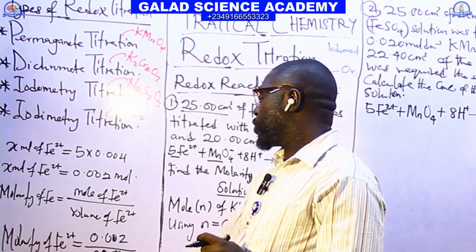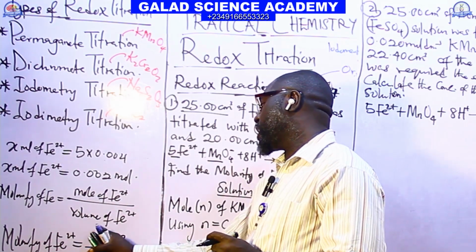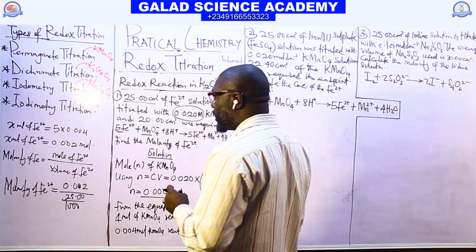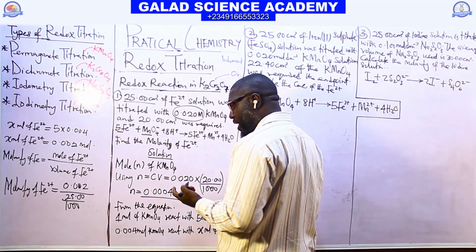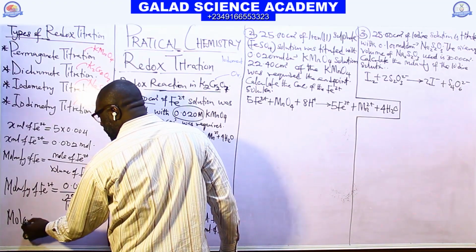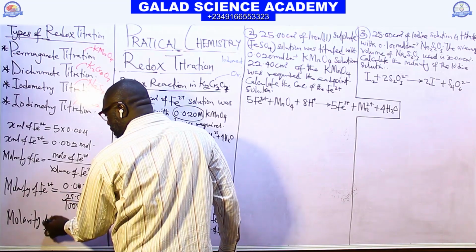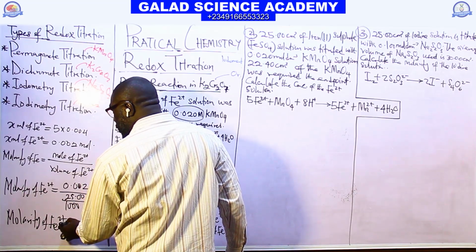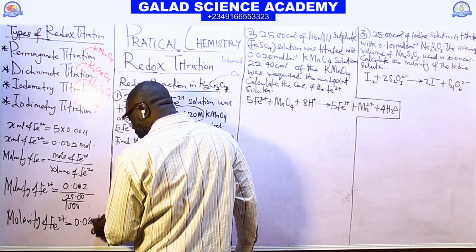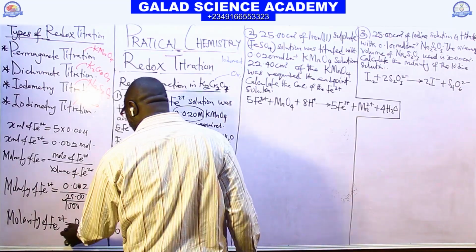So the final answer, the molarity of iron 2 plus, gives us 0.08 mole per dm cube.